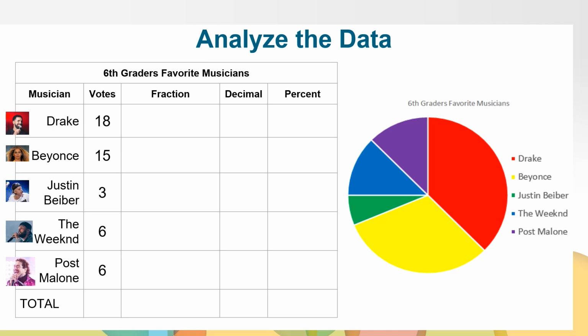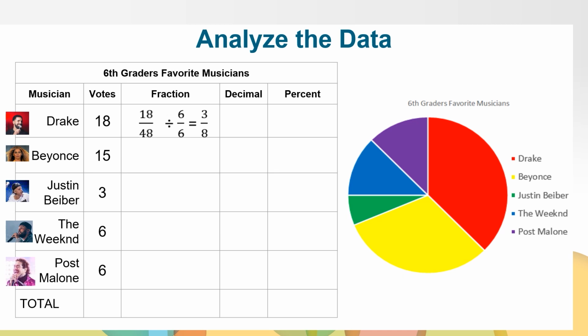I'm going to use a mix of reasoning strategies and my calculator to figure out these values. And I'll start with Drake because he had the most votes, and those votes are represented in the red section of the circle. 18 students out of 48 voted for Drake. We can simplify this by dividing by 6/6, which is the same as 1 whole, and we'll get 3/8.